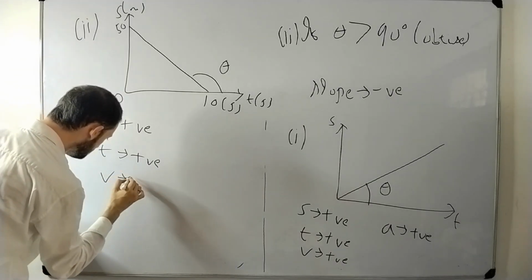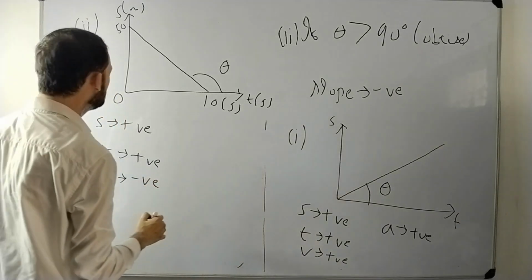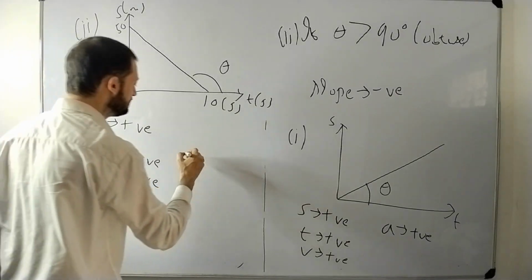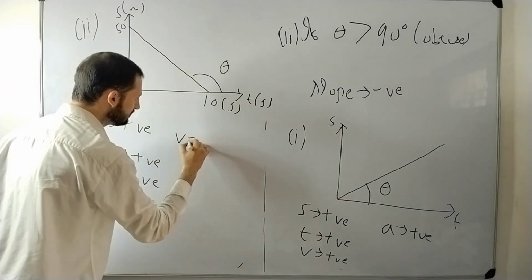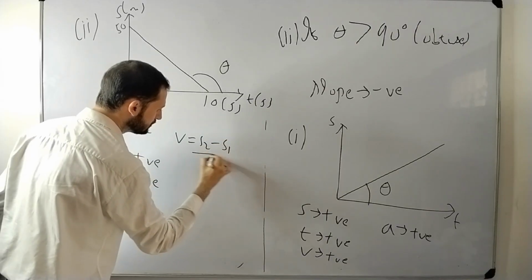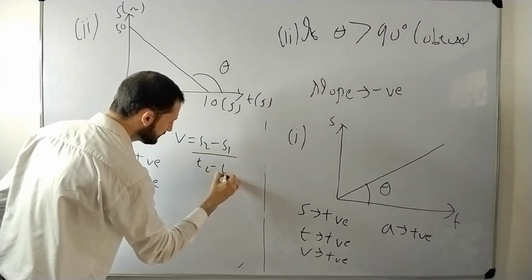Students? No, sir, negative. How come negative? See here, students. V is what? S2 minus S1 over T2 minus T1.